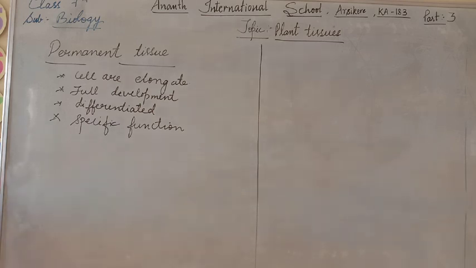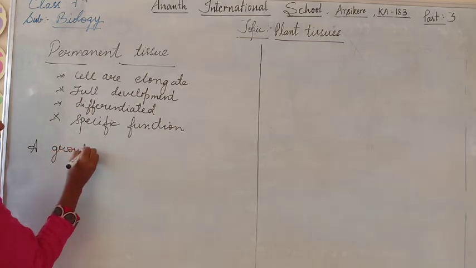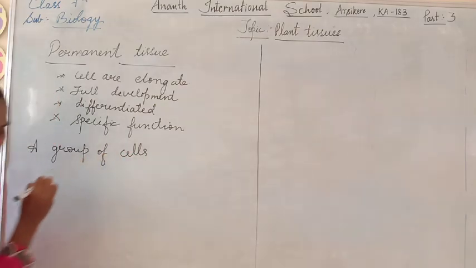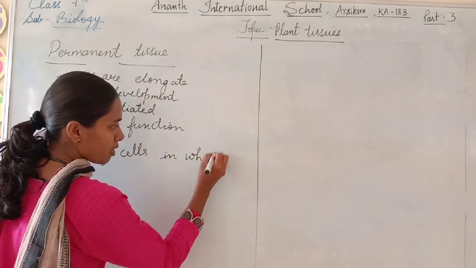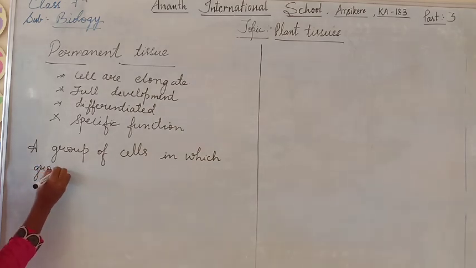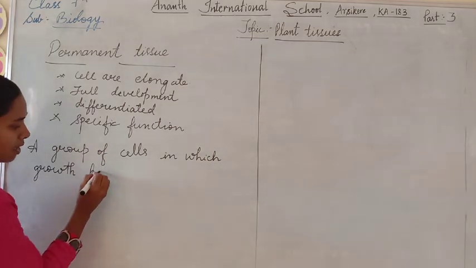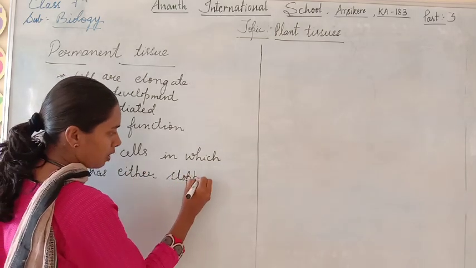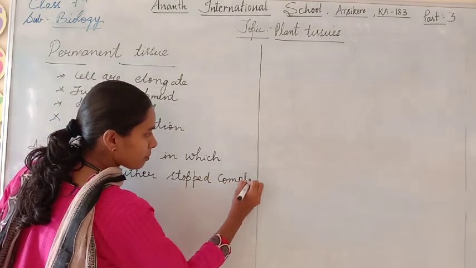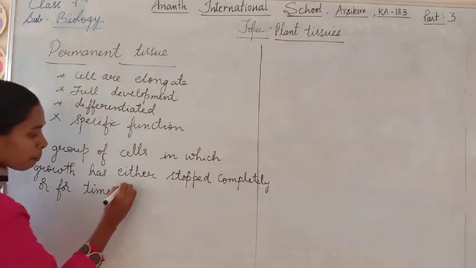Permanent tissue means a group of cells in which growth has either stopped completely, or for the time being.